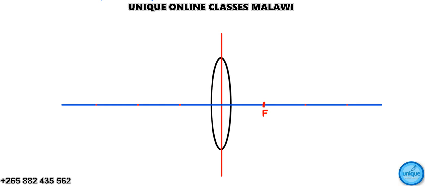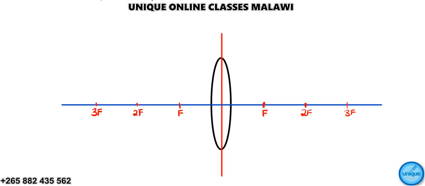And we have another one, focal length, not focal point, but the focal length. This one 2F, and this one 3F to the right. Whereas this one here, that's F to the left, 2F to the left, and this one 3F to the left as well.